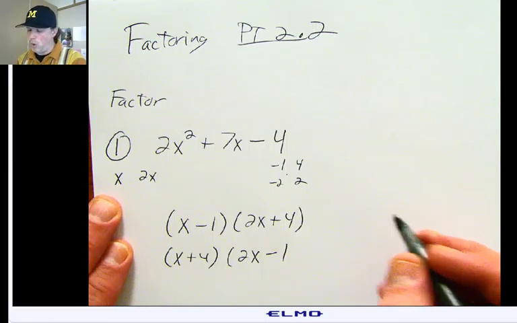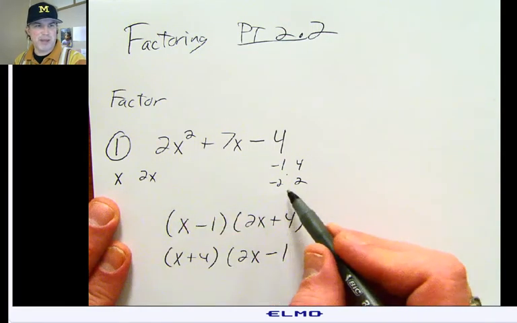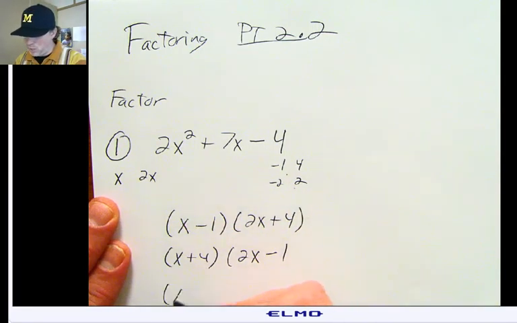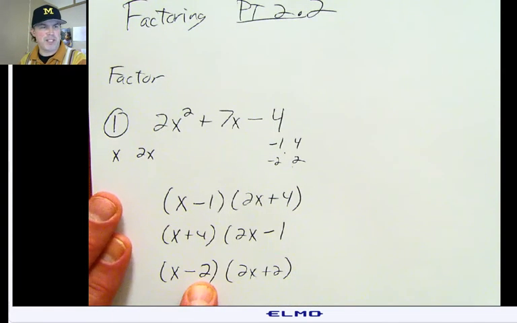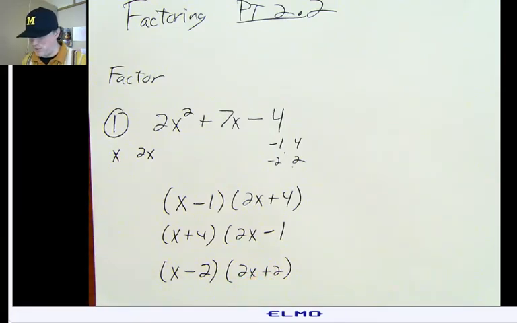Or maybe x and 2x matches up with the negative 2 and 2. So x minus 2 and 2x plus 2. Or the negatives could be flipped around. Maybe it'd be positive 2 here and negative 2 here. But that's just going to give me an opposite middle term. So I actually don't need to test them both out.